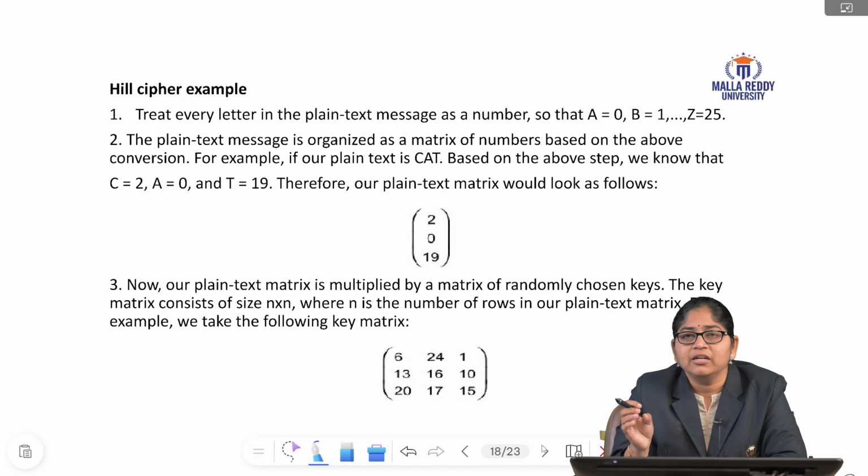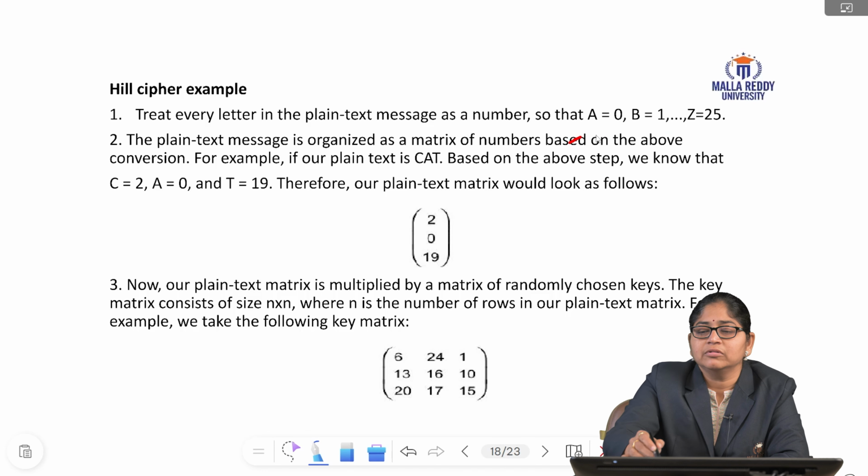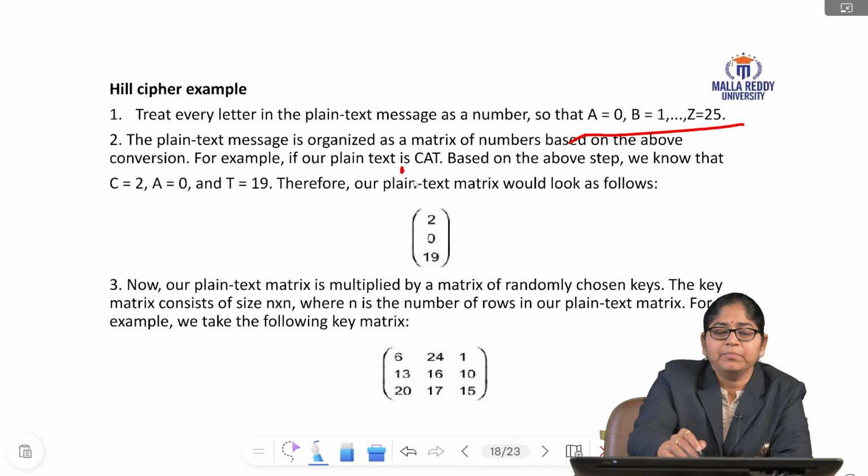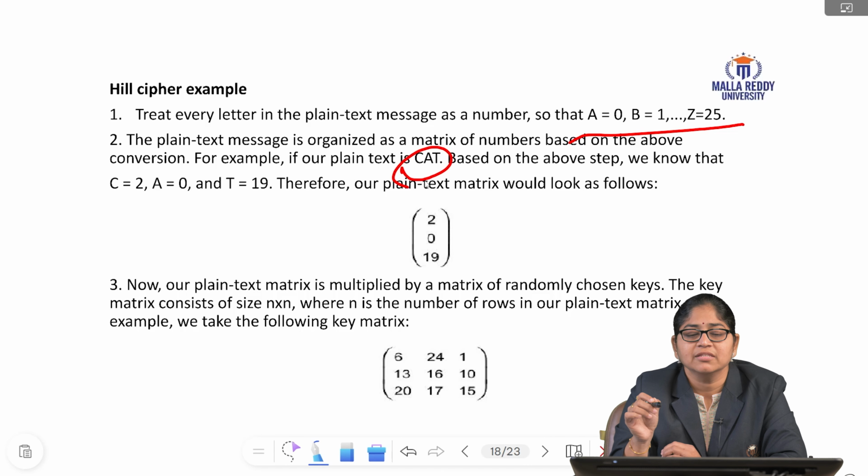So any plain text is given to you. Before doing the Hill cipher encryption process, we need to designate the alphabets with numbers. Suppose here A to Z. For A we are giving 0, for B it is 1. Like that you need to designate numbers for the alphabets A to Z. Z is 25. So now in this example, the plain text given to you is CAT.